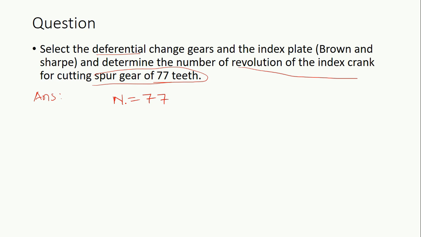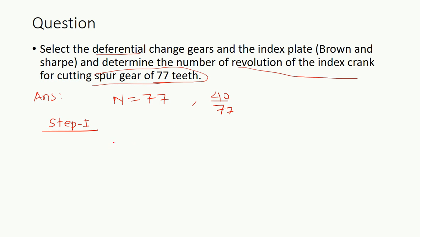First, step 1. 77 is very difficult, so choose step 1. As we had already tested, 40 by 77 is not available on the index plate.